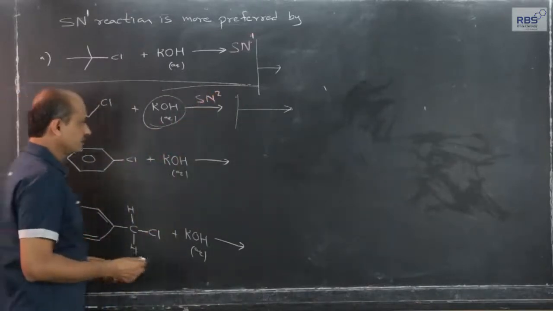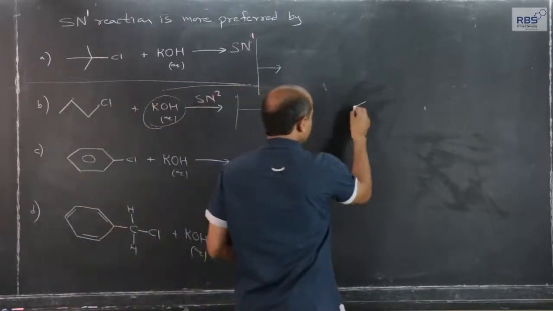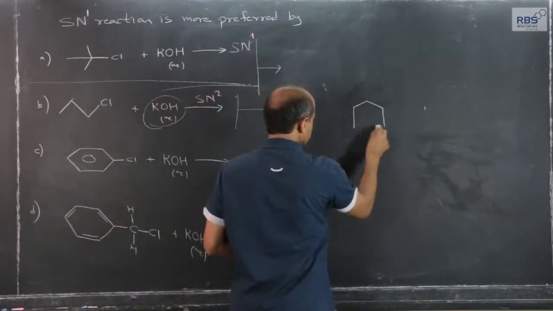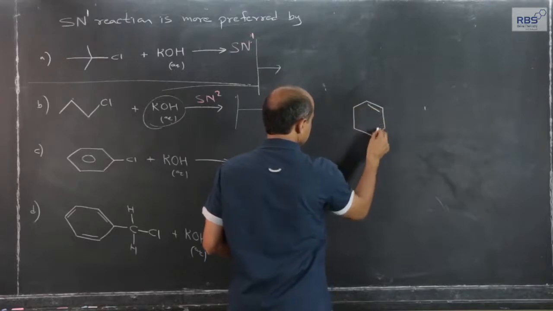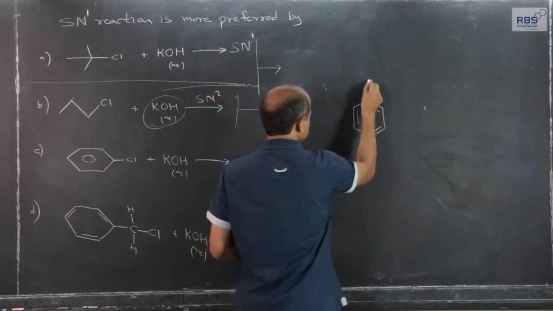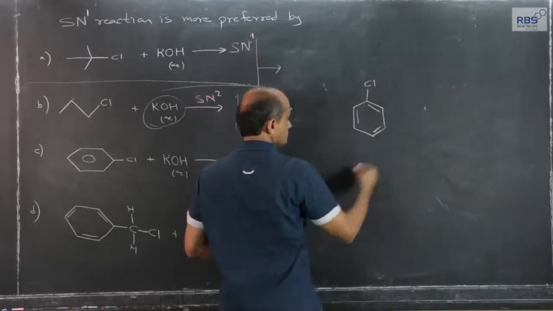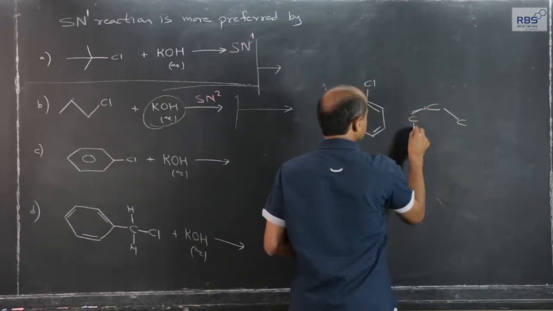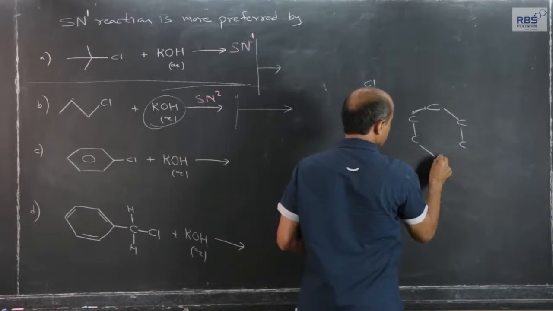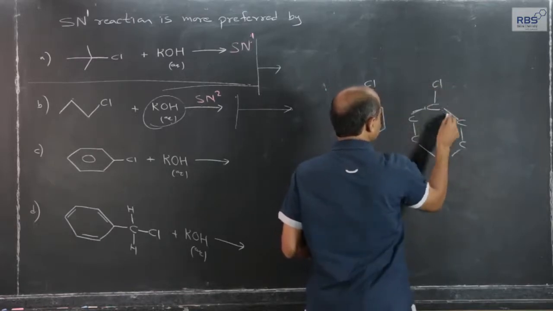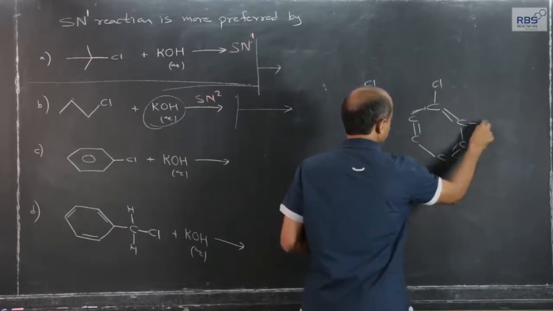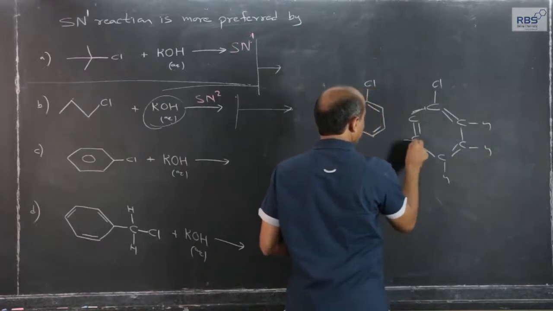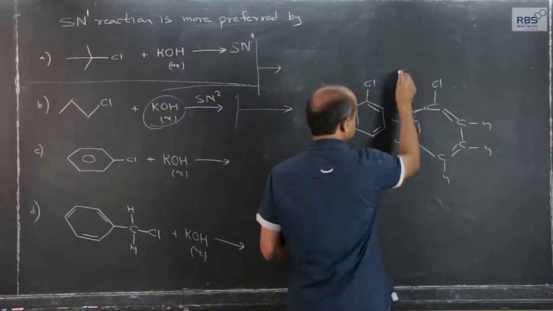In case of chlorobenzene, actually, in a nucleophilic substitution reaction, the halogen atom, here it is chlorine, is directly attached to the carbon of the aromatic ring. Nucleophilic reactions are very difficult.